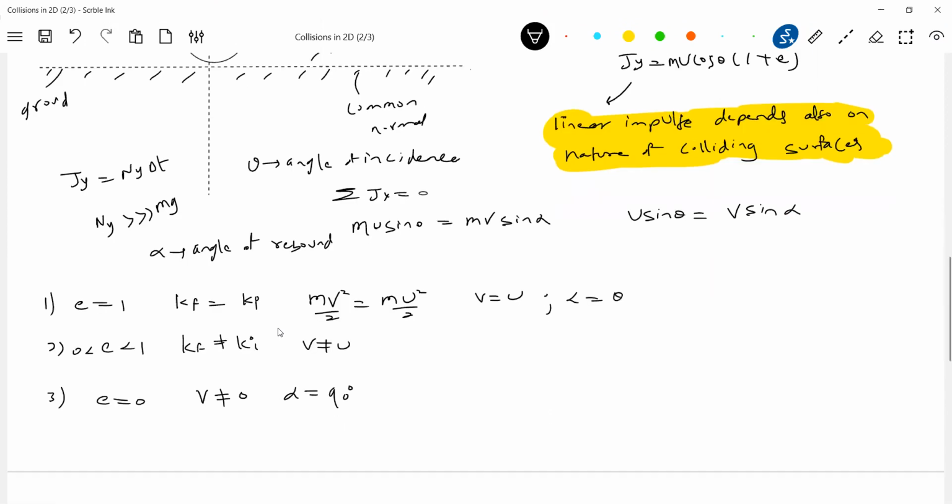Then after impact, what actually happens to the ball? After collision, it will move with a speed u sine theta. The component of velocity along the y-axis will become 0.